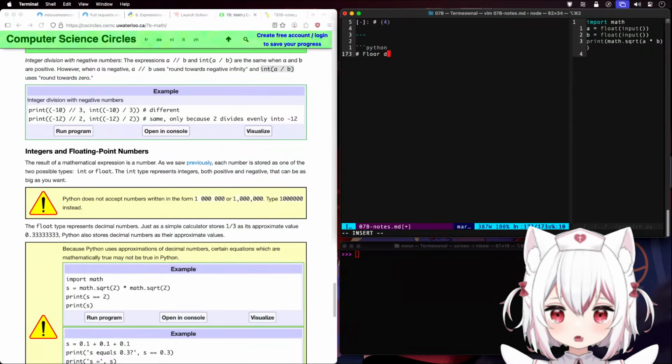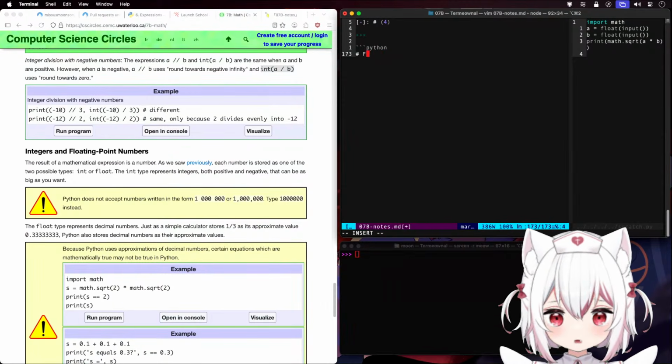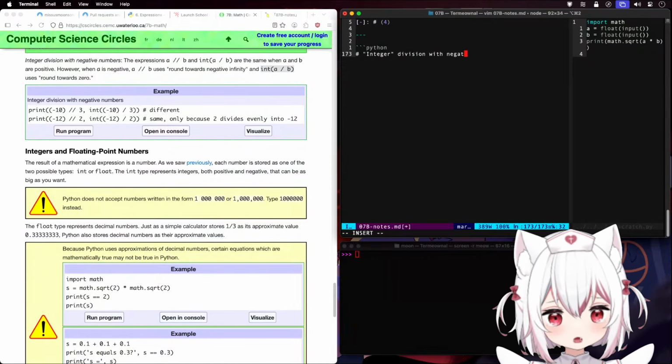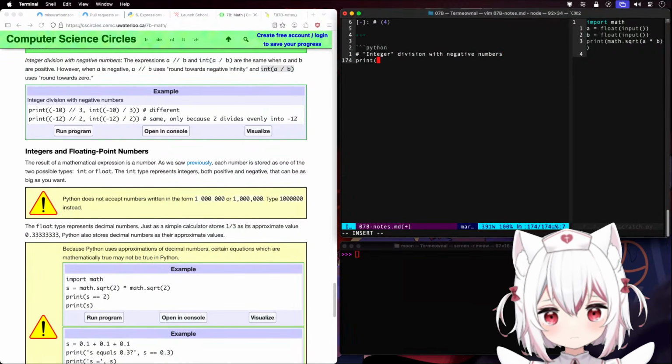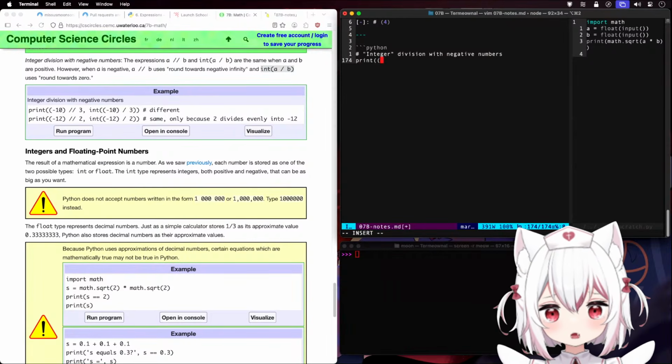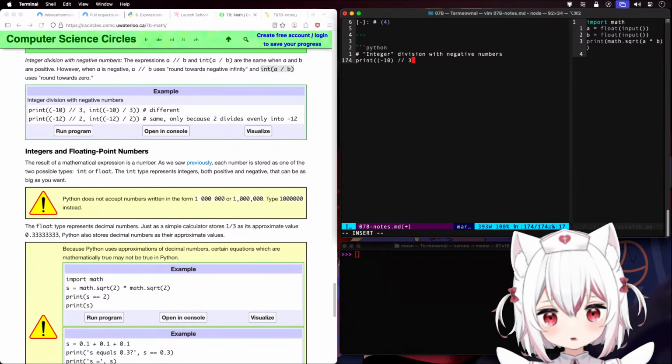Floor division versus, no, I'll just call it what they call it. Integer division with negative numbers. Print negative 10 floor divided by 3.